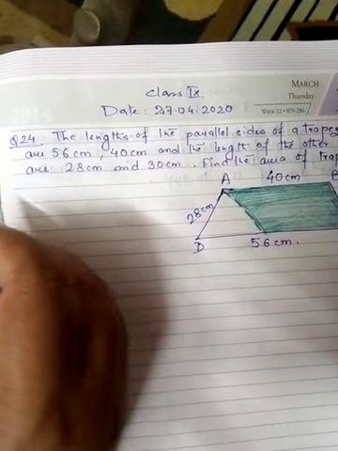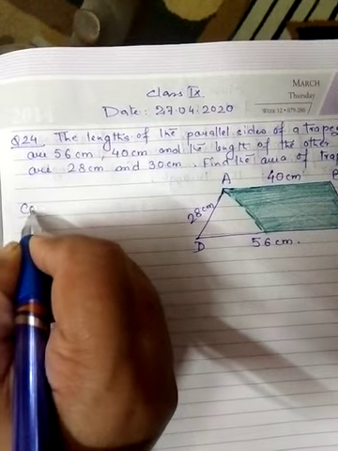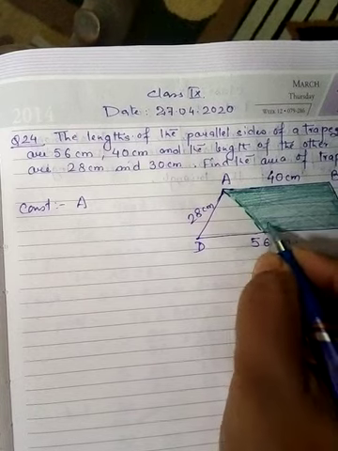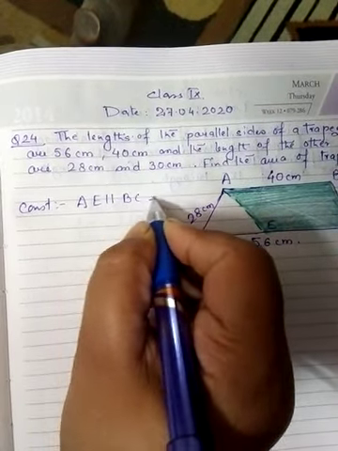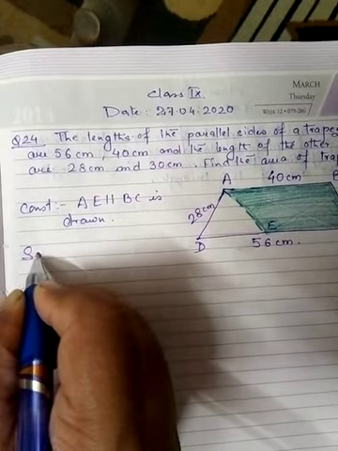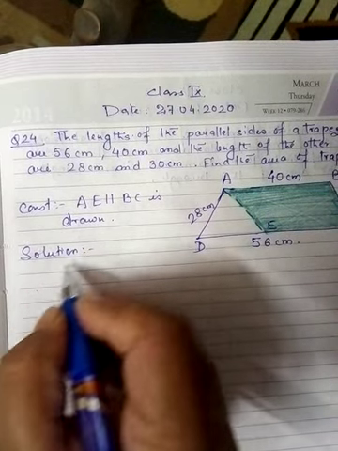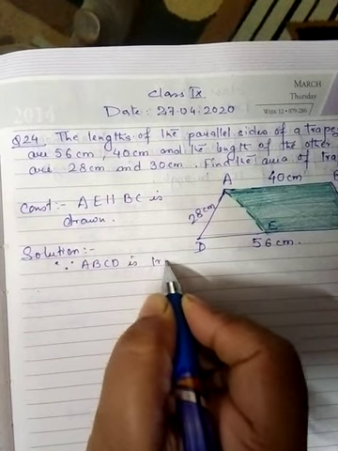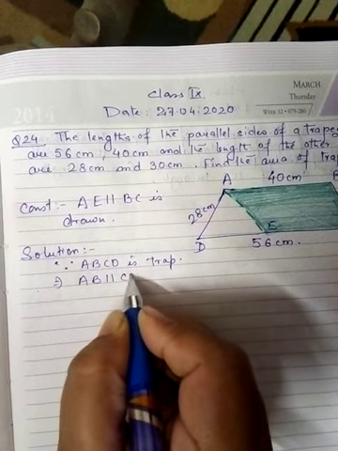So first of all, what I had done in the construction is that AE parallel to BC is drawn. Coming to the solution, since ABCD is a trapezium, this implies that AB is parallel to CD.